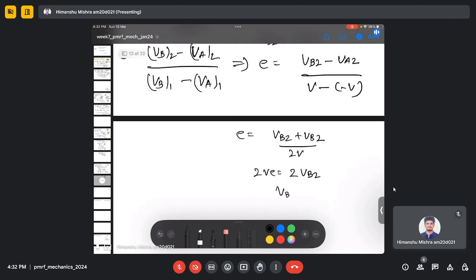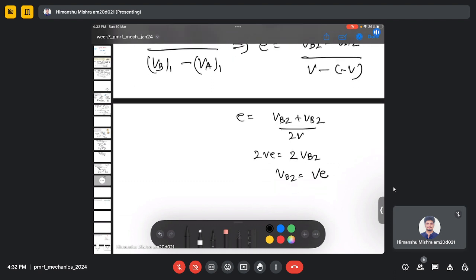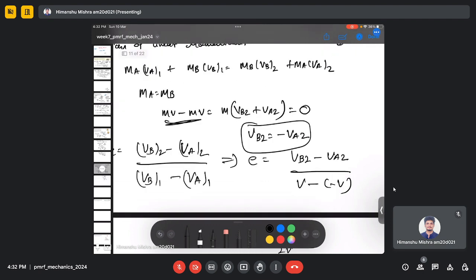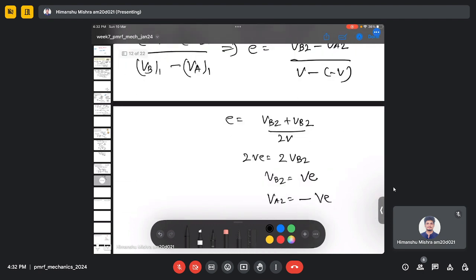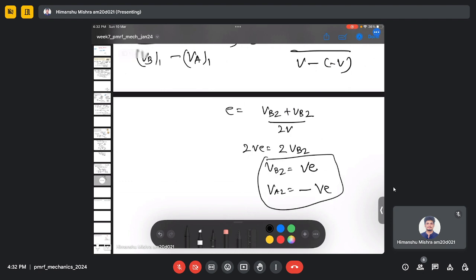So my vB2 is v multiplied by e, and my vA2 will become minus ve because of this. So these are my final velocities.